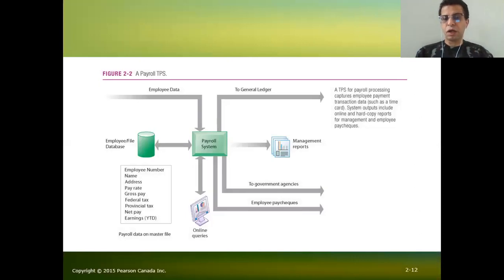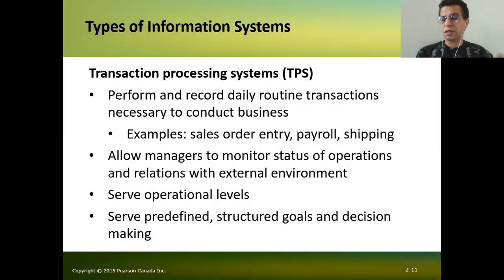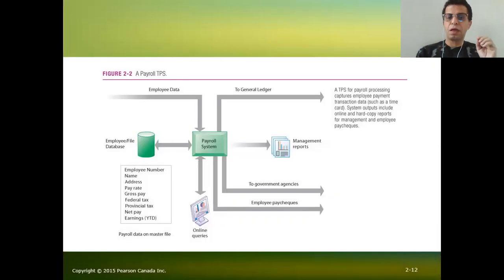For example, if we look at a payroll TPS, and as we said, TPS is a transaction processing system, we will see there is a payroll system digging into the employee file data: name, address, pay rate, gross pay, how much they're getting paid, how much in taxes, net pay, and all this information.